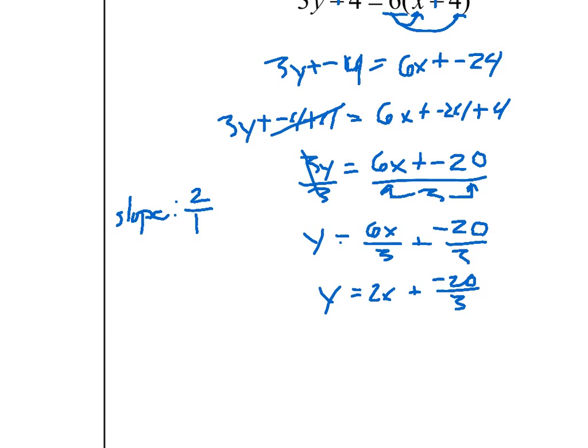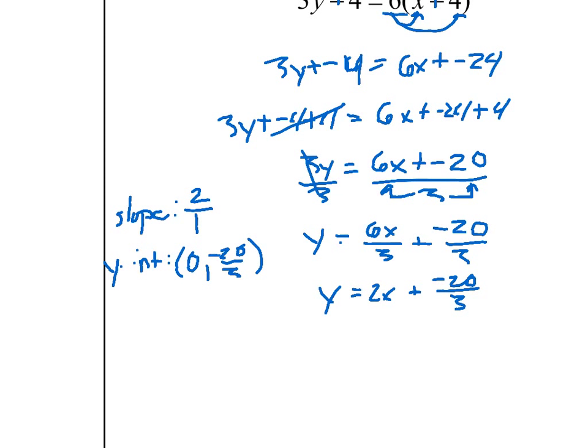Dwayne is not the only person who knows this answer. What are the coordinates of our y-intercept? Alyssa. Okay, y-intercept is negative 20 over 3. So that gives us the point 0, negative 20 over 3.